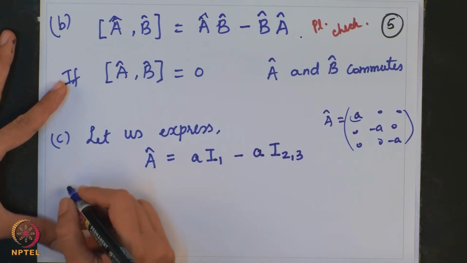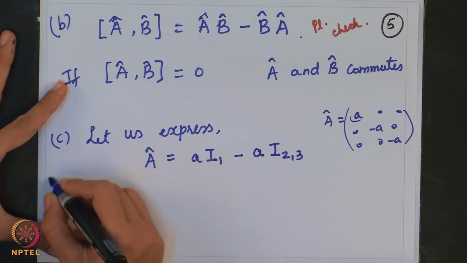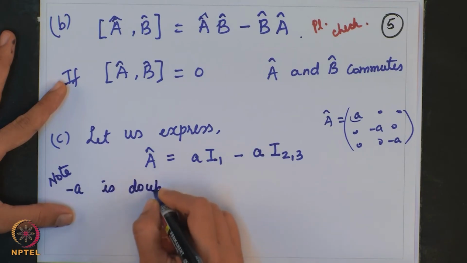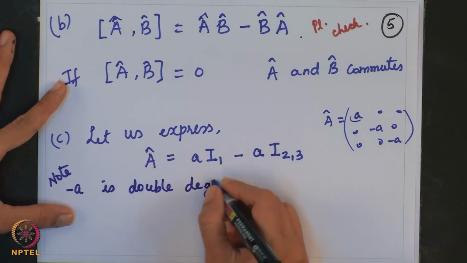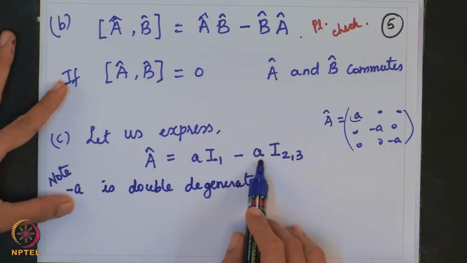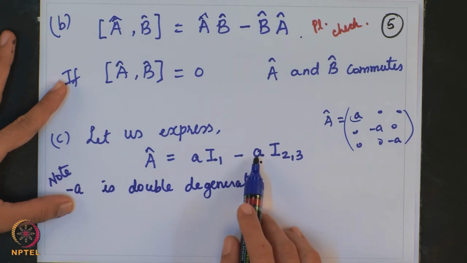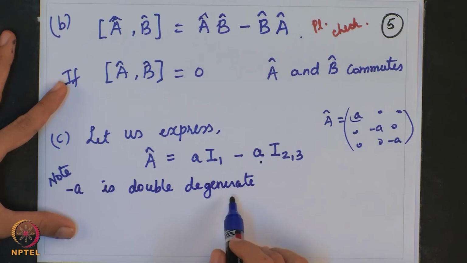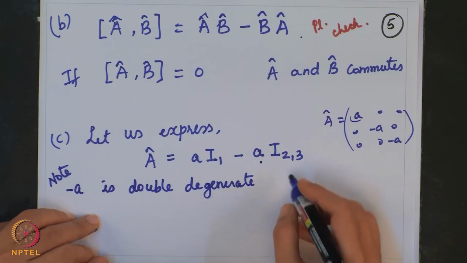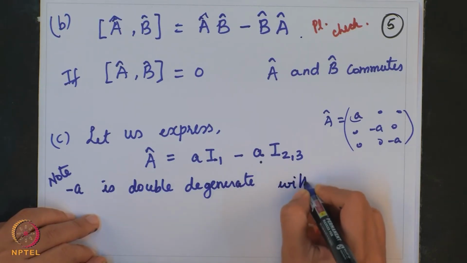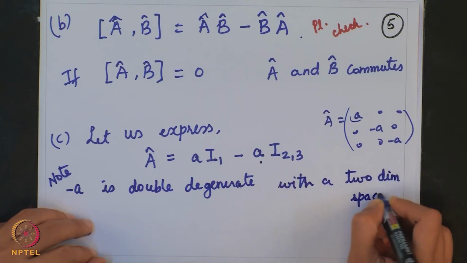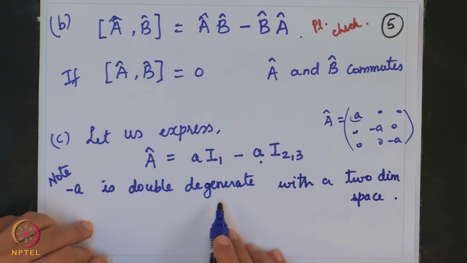Then what we do is, just note this, that minus a is double degenerate. Okay. So, the eigenvalue minus a is double degenerate, with a 2-dimensional space.